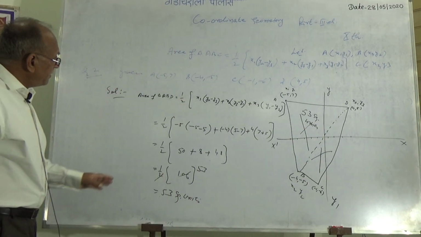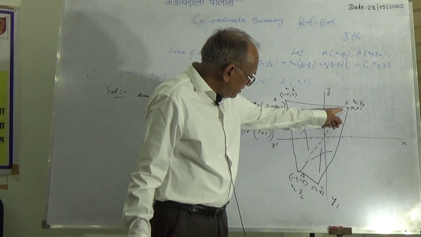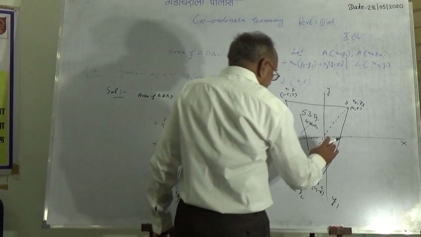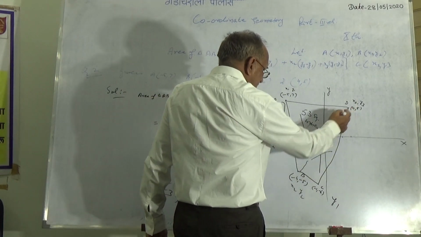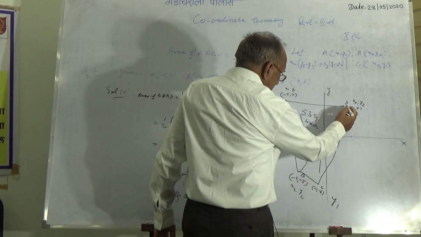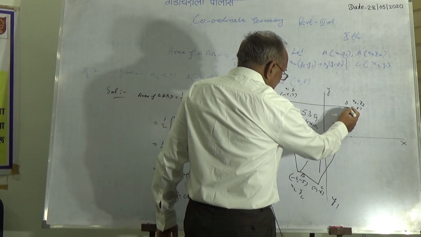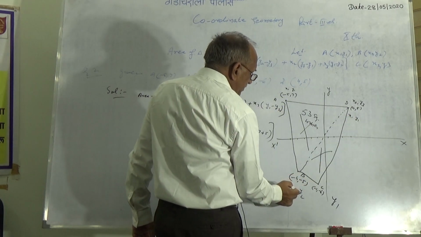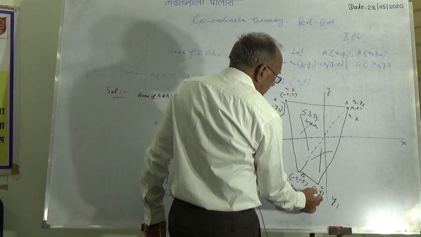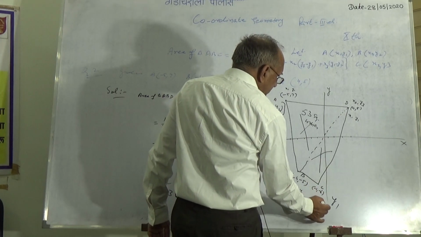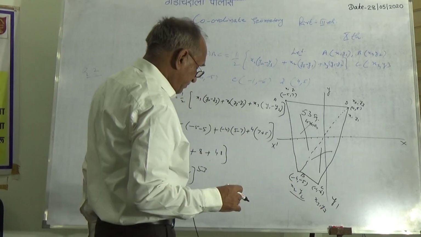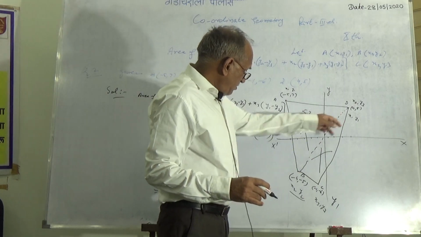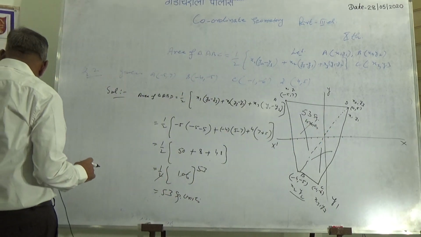Now again we have to find the area of this triangle D, B and C. Here again, when we take this triangle DBC, then this D point is x1, y1 and this is again x2, y2 and this C point is x3, y3. So we take this triangle for finding the area.